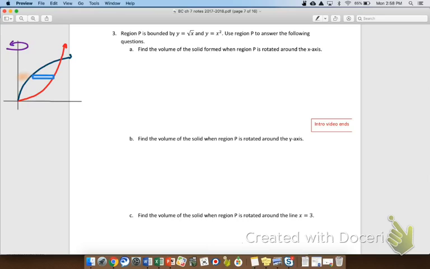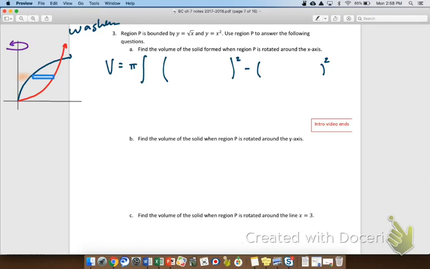Once you identify it as washers, please, for goodness sake, set up the washer method right away. This would be pi times the integral of big R squared minus little r squared. Please just set it up like that. Don't try to do any details yet.